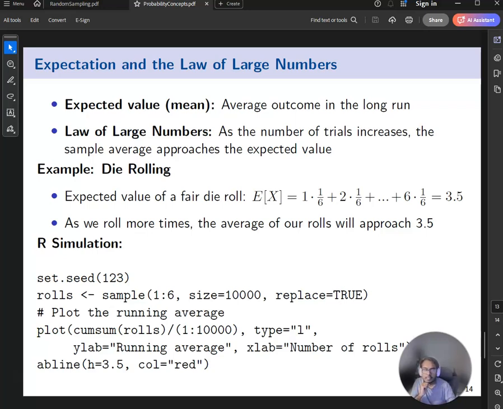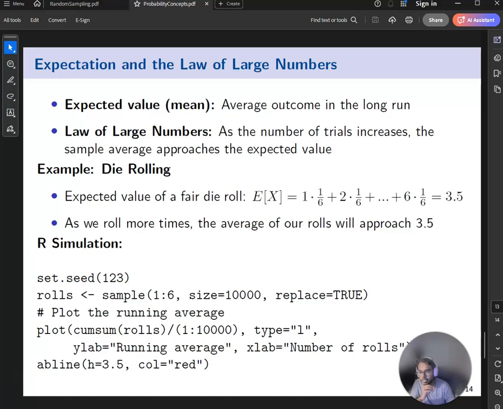And the second is the law of large numbers, which states that as we increase the number of trials, the average of our results will converge to the expected value. This is a very important theorem in probability theory because it connects theoretical probability with what we observe in the real world. So if I roll a die once, I might get a 6.